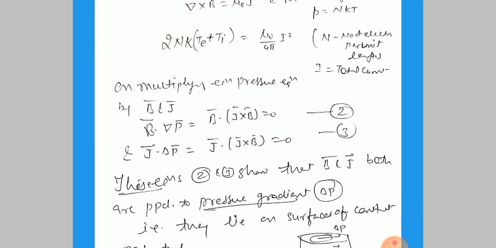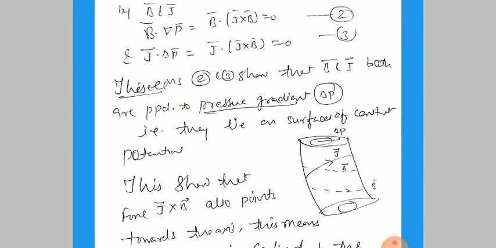So equations second and third show that B and J both are perpendicular to the pressure gradient del P, and this decides the direction of the pressure gradient. As in the figure, there is a series of surfaces of constant pressure, and J and B lie at some angle.